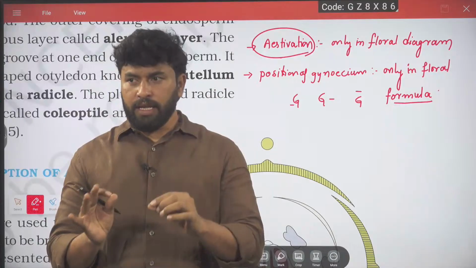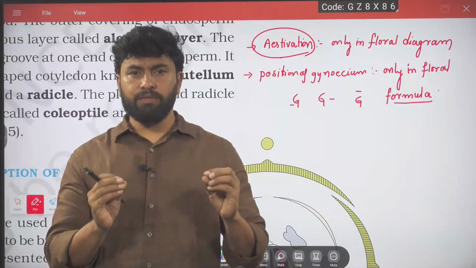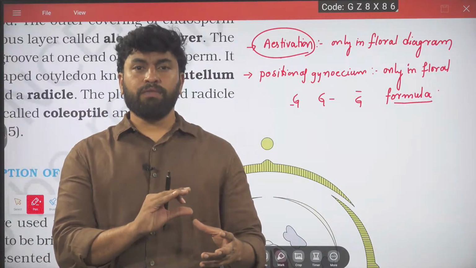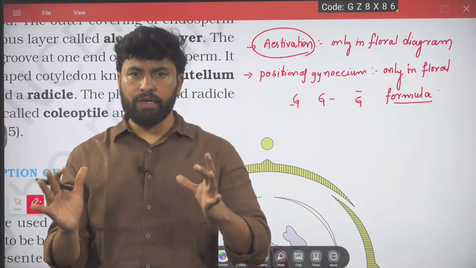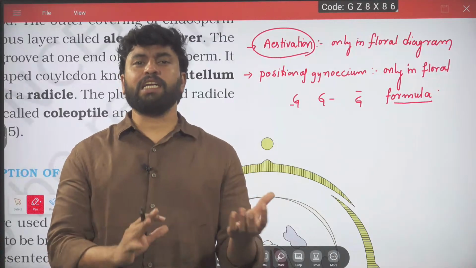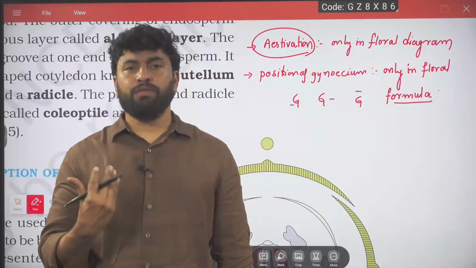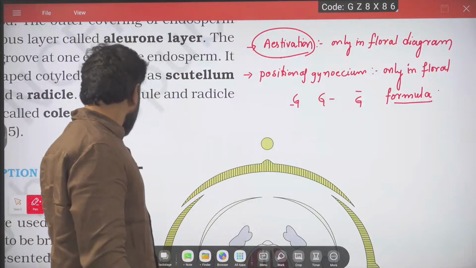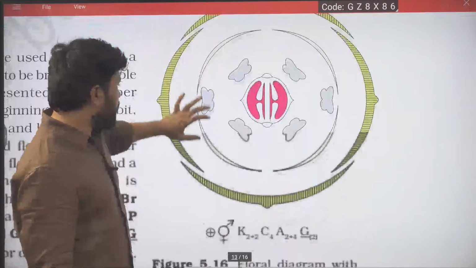Are you catching the idea? Like this, there are some technical ways we use to represent floral information in a shortcut manner or in a semi-technical manner to represent floral parts. Next one.